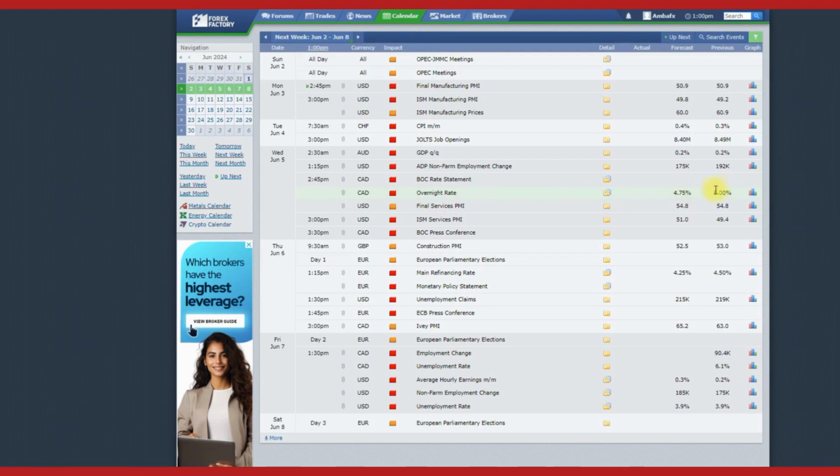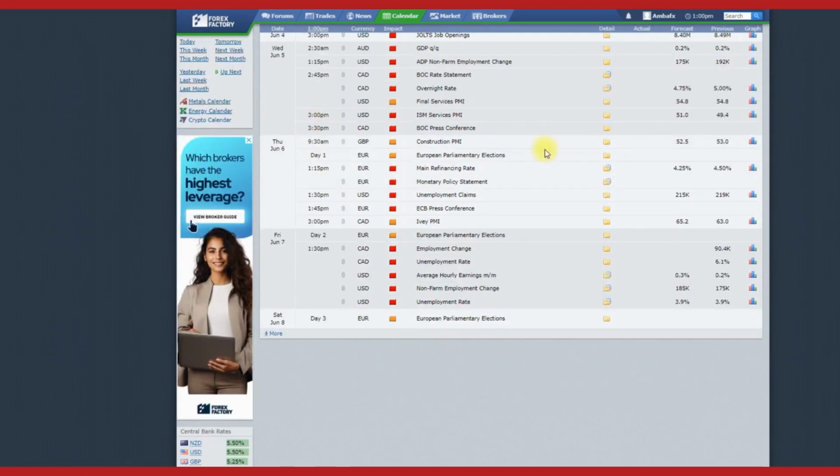So let's see, maybe they will come out with the rate cut, or probably they will leave the rate unchanged. Investors forecast a 0.25 point cut in the interest rate of Canada. So let's see how it goes. And then on the same day we have the Bank of Canada press conference, after this interest rate report.